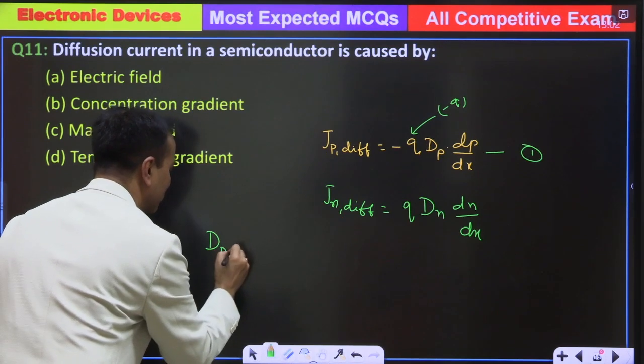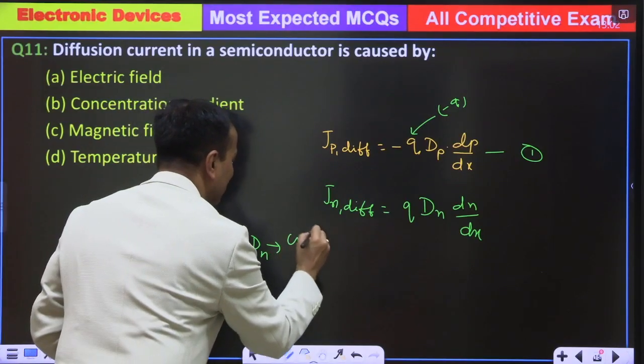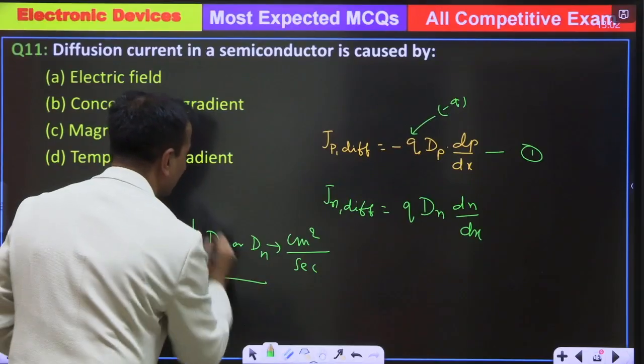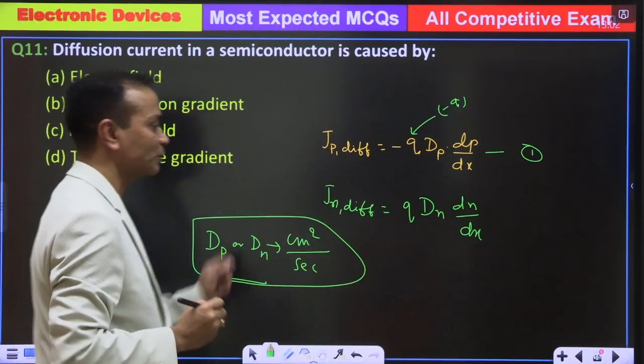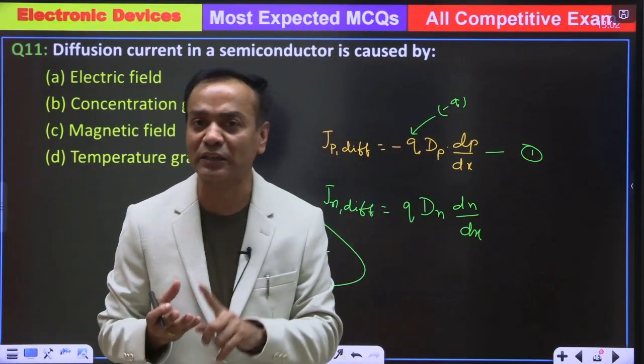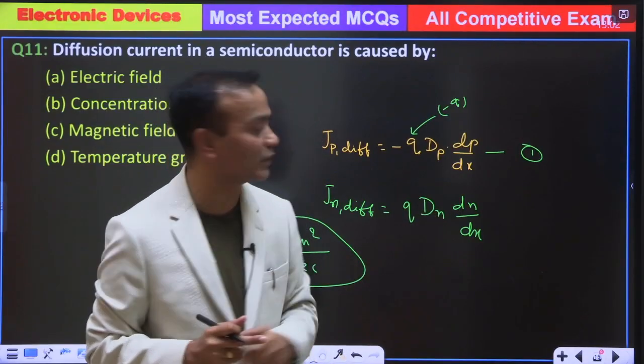Normally in EDC, their unit is given as centimeter square per second. Sometimes they ask about that unit also. And dP by dx is called the concentration gradient for holes. dN by dx is called the concentration gradient for electrons.